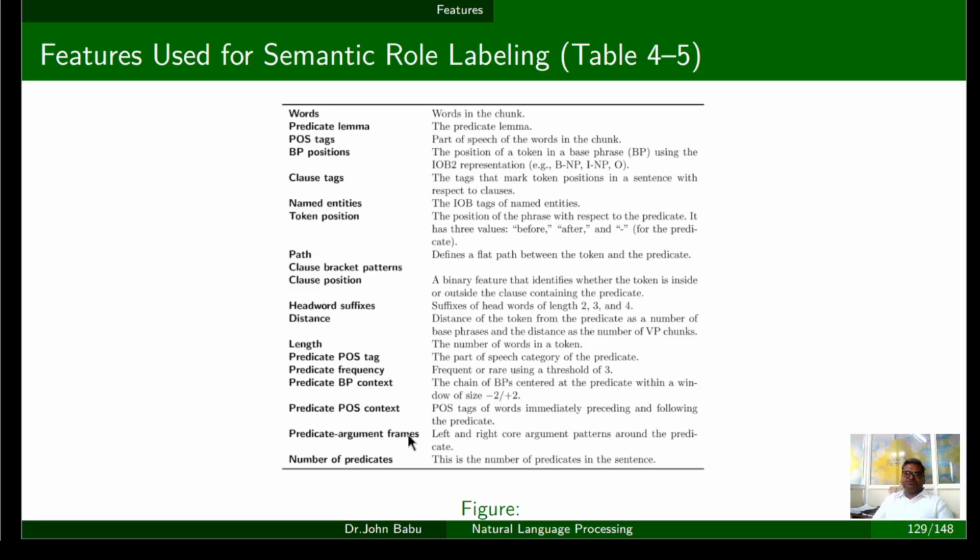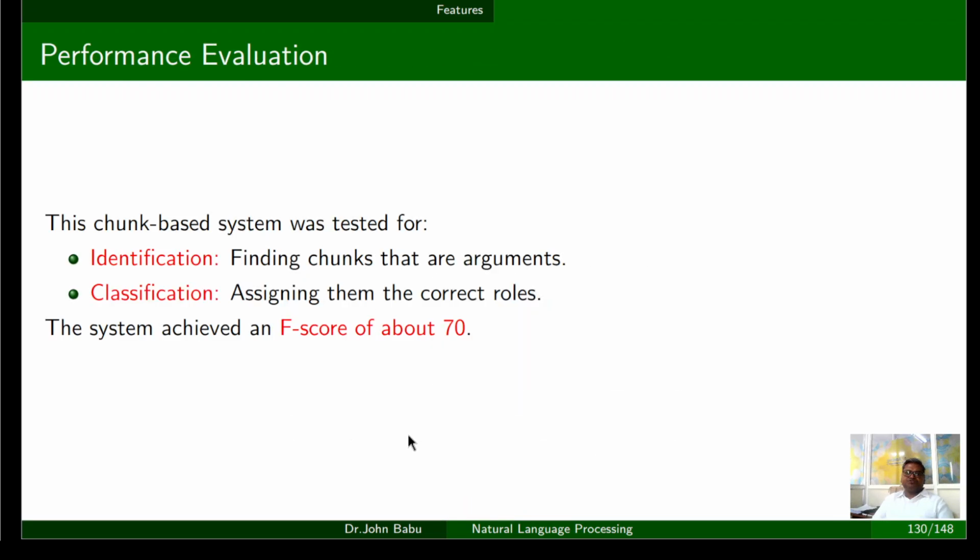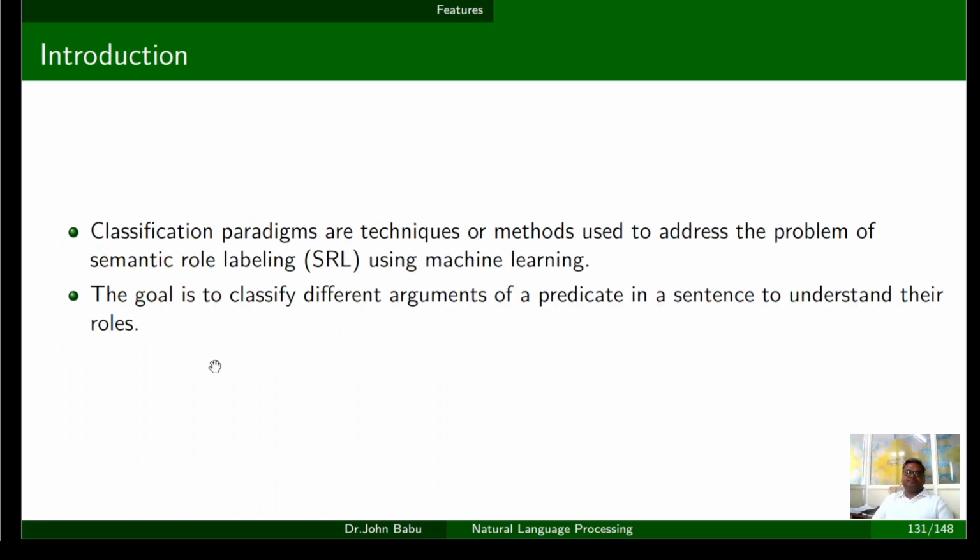These are the different features. By using these features, they got an F score of about 70. So it is used for argument identification as well as argument classification.